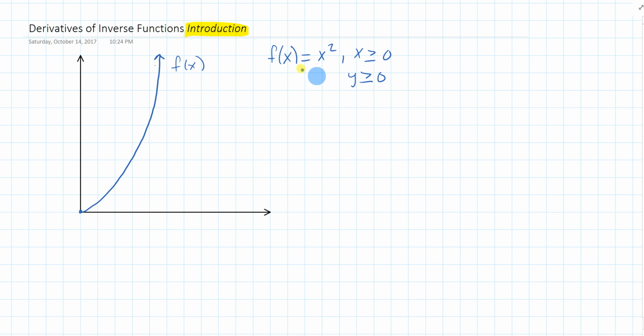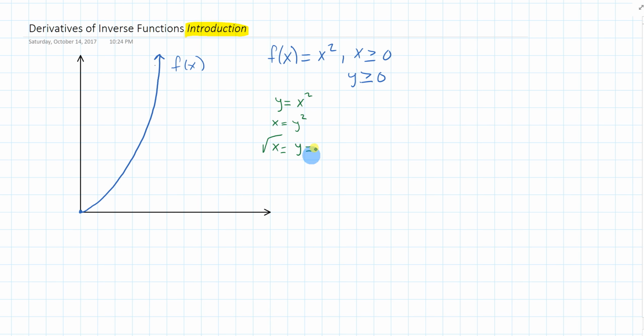If I want to find the inverse of this function, the first thing I would have to do is state that y is f of x, swap the terms x and y, solve for that new y by taking the square root of both sides, and then determine whether square root of x is a function on this set of domain and range.